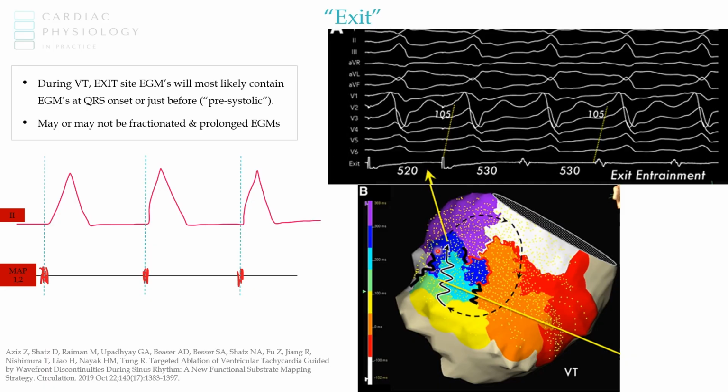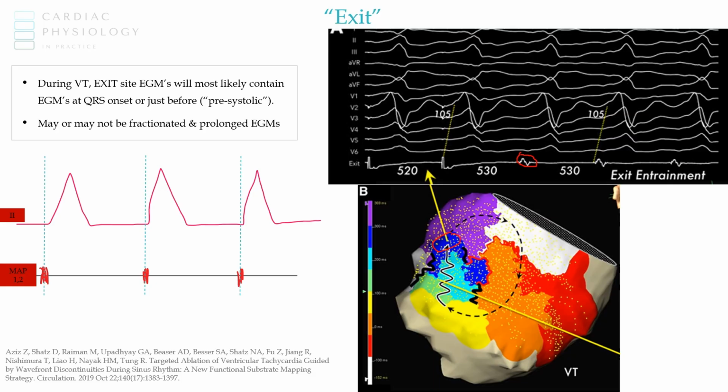And if you look at the EGMs in this location at the tip of the arrow here, so I'm going to draw a red circle, where depolarization exits these functional barriers and starts depolarizing the rest of the myocardium from this point, you get an EGM that's not that prolonged and fractionated. So conduction velocity is not necessarily that slow here, but the EGM amplitude does look low.